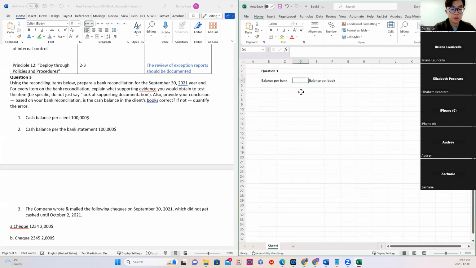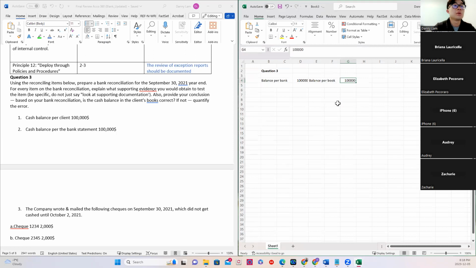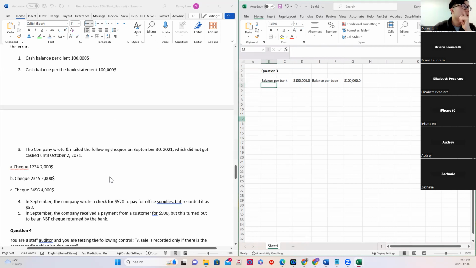So this amount here is 100,000. Okay. So the company wrote and emailed the following checks, which did not get cashed.